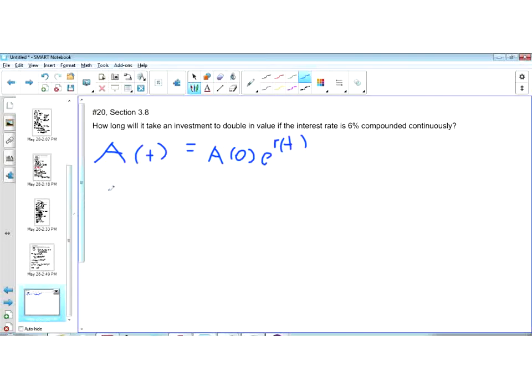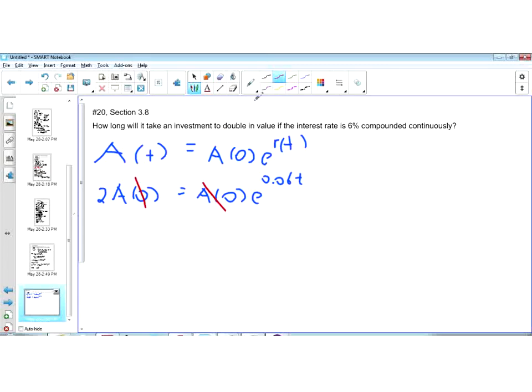Okay, but your amount is twice your initial amount. So A of t is equal to 2 times your initial amount, and we want to find how long it takes to get there. So twice your initial amount is equal to your initial amount times e, and then our interest rate is 6%, right? And then t. So we need to solve for t.